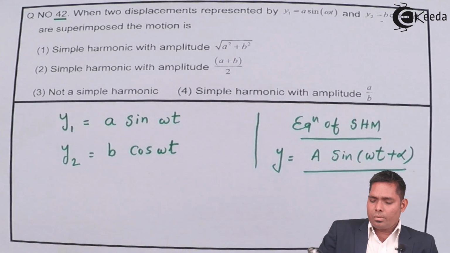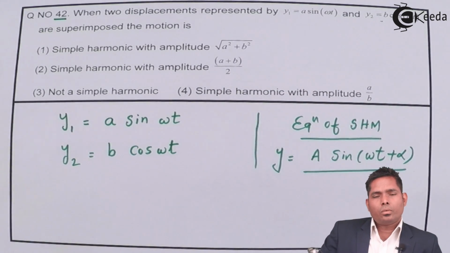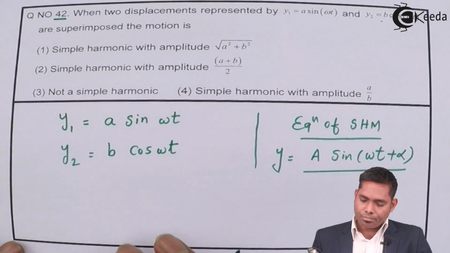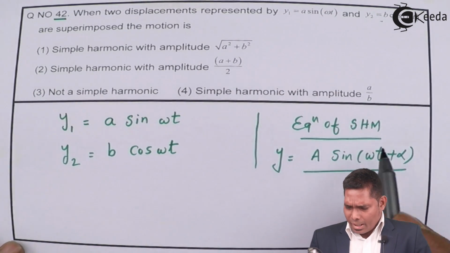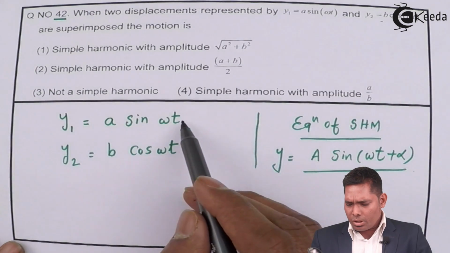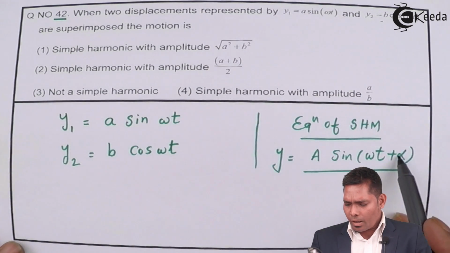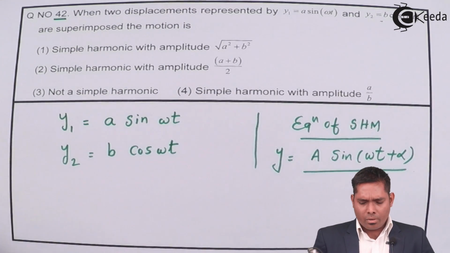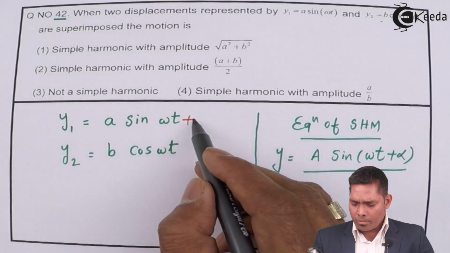This is the fundamental equation of SHM. Now, in this case, if I have two SHMs, this part is alpha, but it is not anything there, so I can write 0 over there.